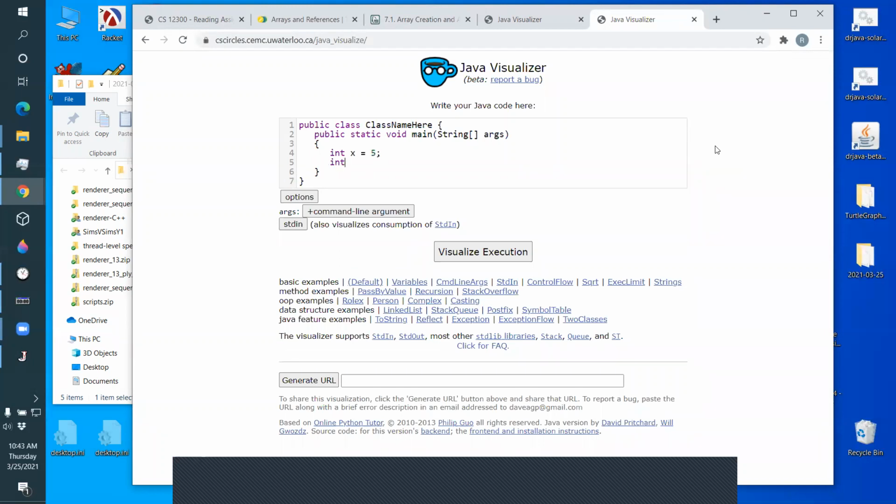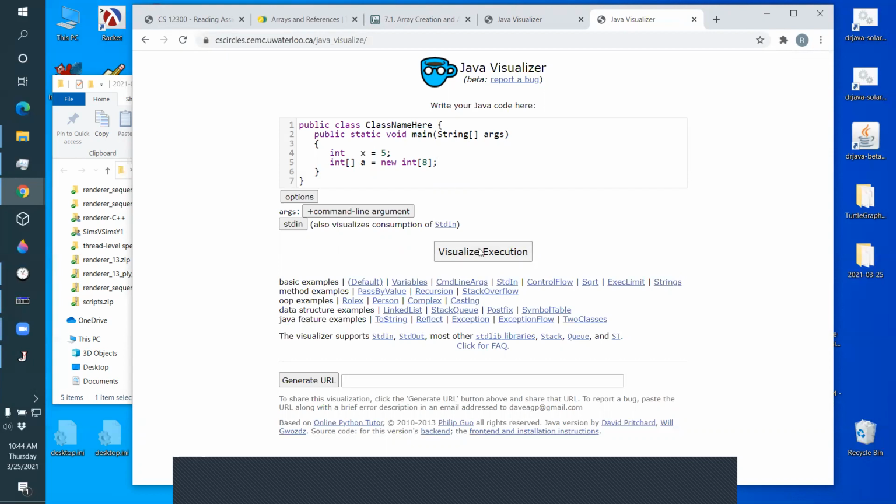If I'm creating an array of integers, I'll call it A instead of X, and I have to say how big it should be. So after saying an integer array called A, I say I need a new, arrays are objects. So I've used the word new, say int, and I'm going to create an array of size 8. I say I want a new array, and how big it is.